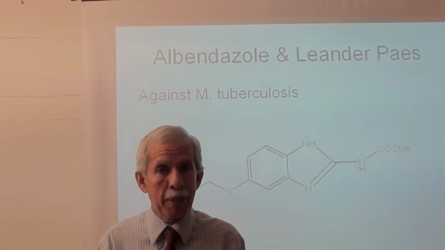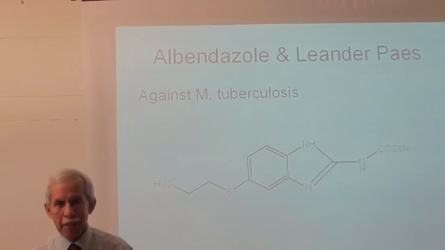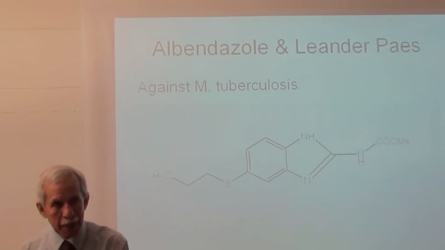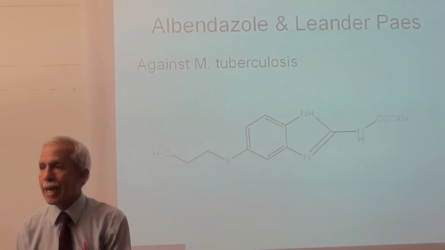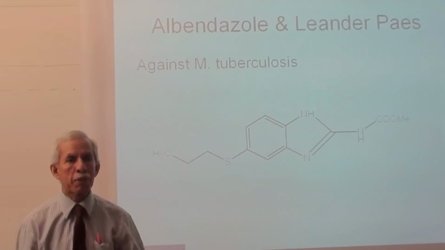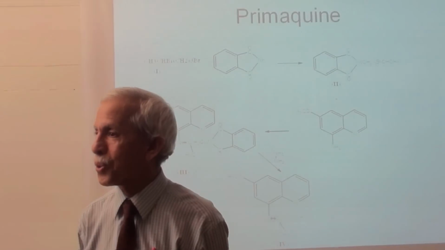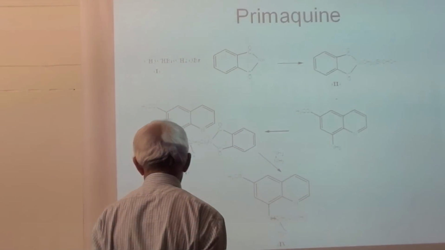It has already been tested as a drug for treatment of cysts in the brain, as we saw in the case of Leander Paes. Can this compound, this structure and its modifications, its derivatives, be candidates for treatment of tuberculosis? Let the next year or two tell us, and we get good answers to the question.